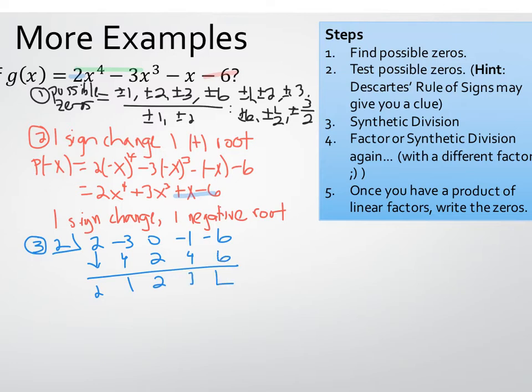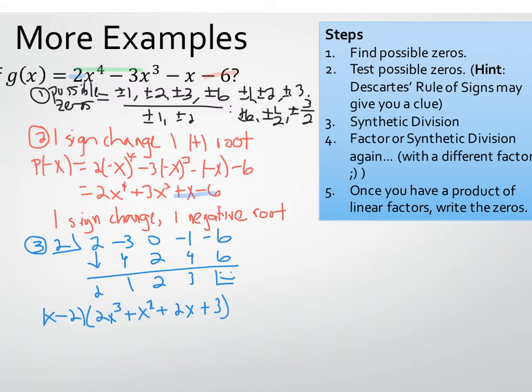And guess what? It worked. So when we write it in factored form, don't forget the x minus 2 because we divided by a positive 2. And then when we take an x to the 4th and divide by an x to the 1st, we do have 2x cubed plus x squared plus 2x plus 3. Okay.